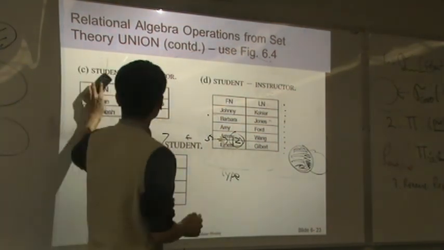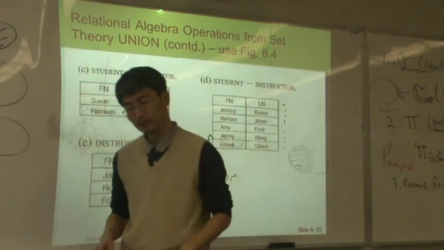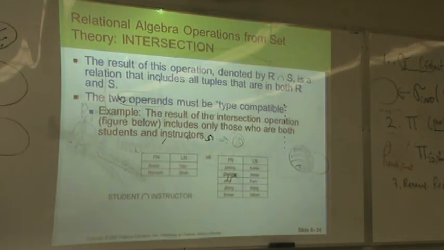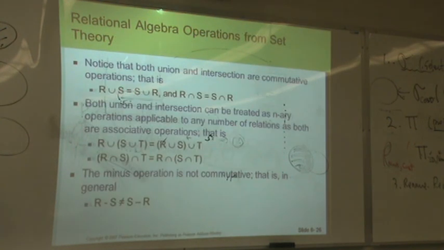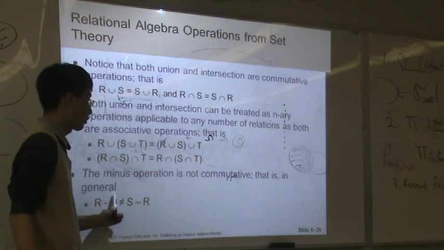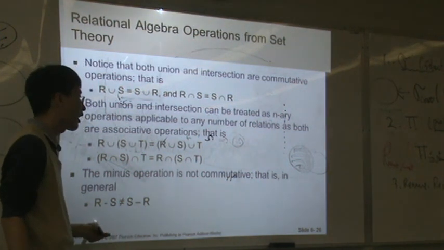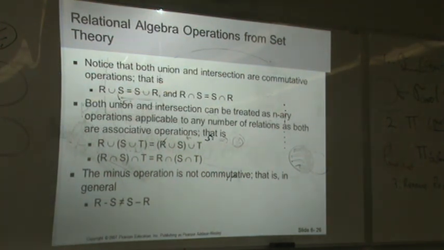Only in union. Intersection, difference. Minus: definitely you know you cannot change the order. It's not commutative. It's the same thing as in elementary math.